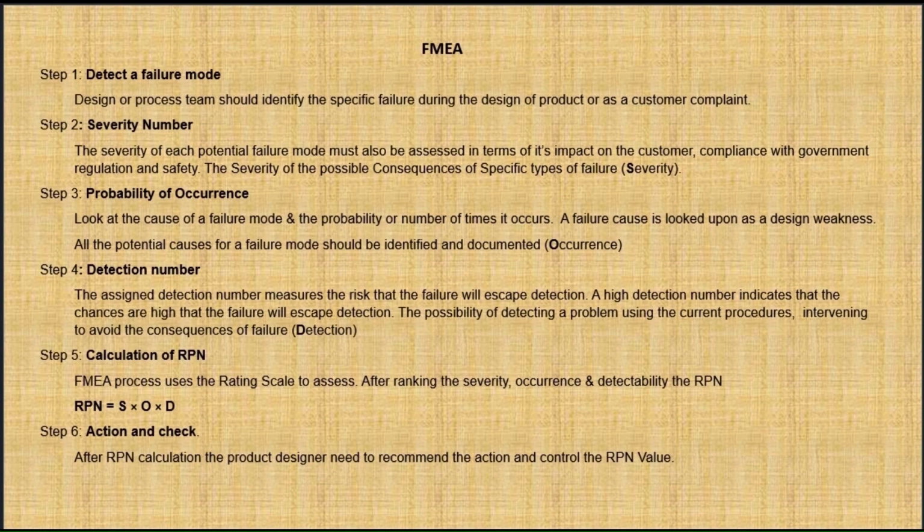If my severity is 10, occurrence is 10, and detection is 10, then the RPN value will be 1000. The RPN value can be anywhere from 1 to 1000, and our aim will be to minimize it. If we are able to control any of these three factors, we will be able to reduce the RPN value.